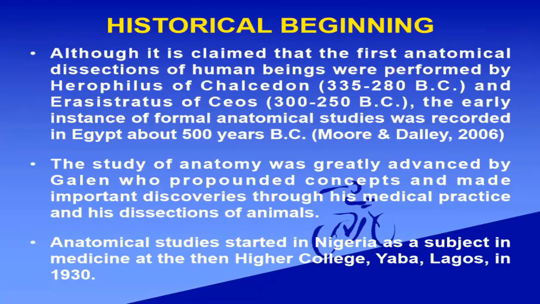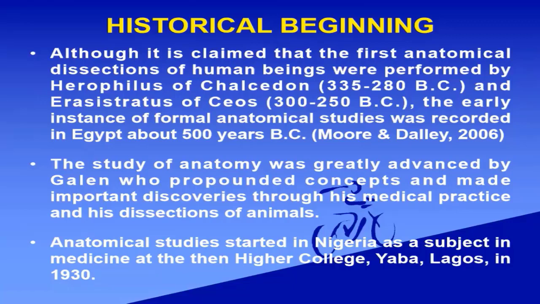But the early instance of formal anatomical studies was actually recorded in Egypt about 500 years before Christ. That's according to Moandali 2006. The study of anatomy was greatly advanced by Galen, who propounded concepts and made important discoveries through his medical practice and his dissection of animals.